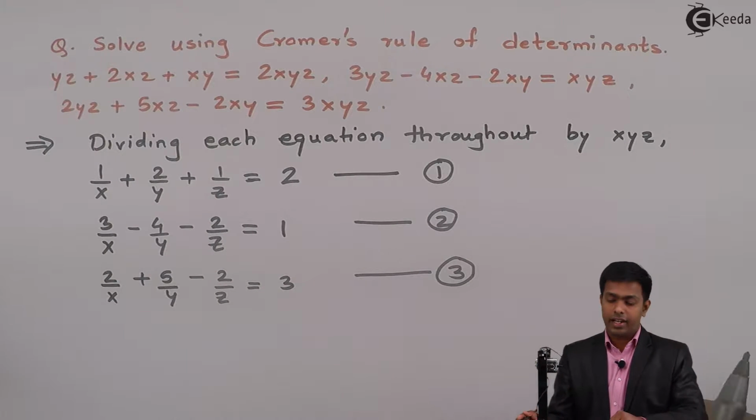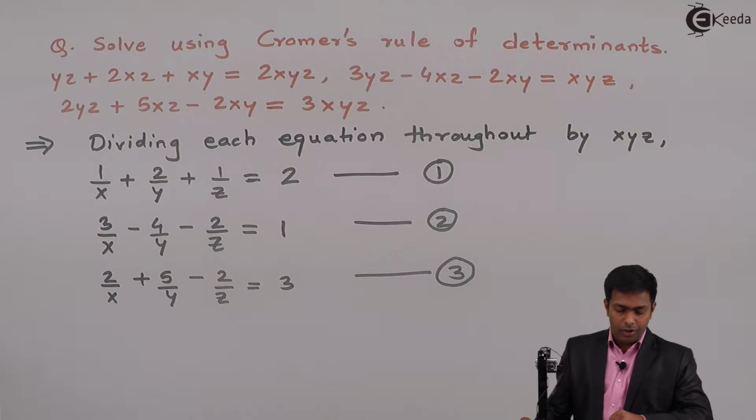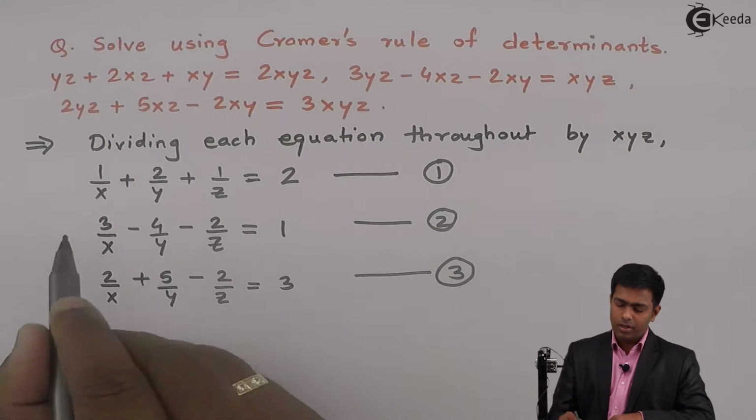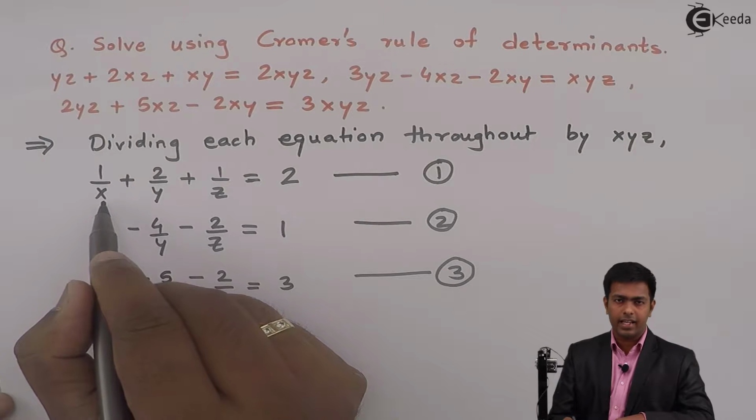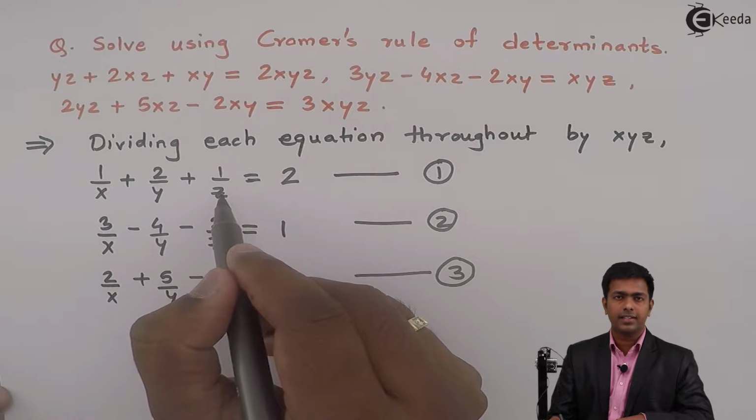So we got three equations, but still if you observe, they are not in the linear form. So if we want to reduce them in the linear form, then here we will assume this 1 upon x as a, 1 upon y as b, and 1 upon z as c.